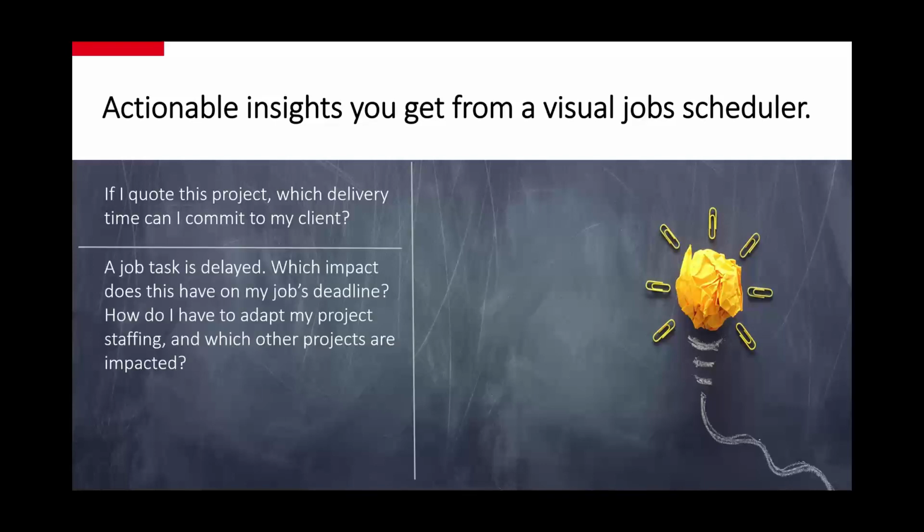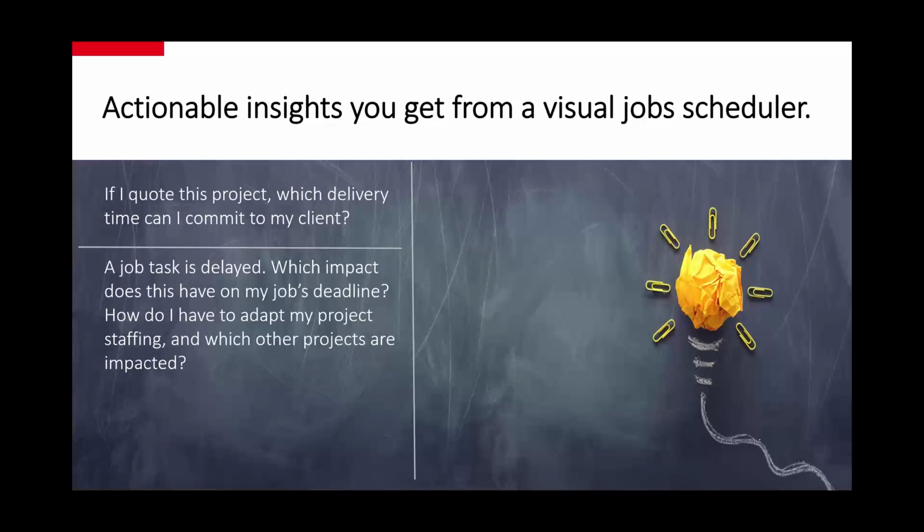Likewise, job tasks get delayed, right? I mean, the nature of projects is to run late. I think there are more projects that are delayed than those that are in time. And so whenever you have a delay, you want to know what is the impact on your job's deadline. And also if this is delayed, then some resource schedules get delayed, right? You had people assigned to tasks for next week.